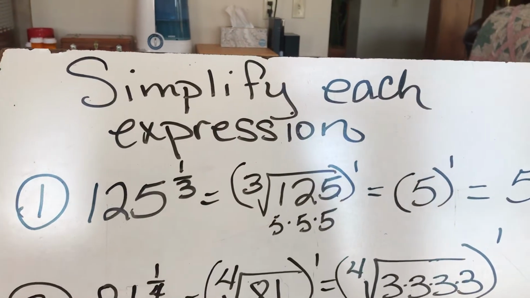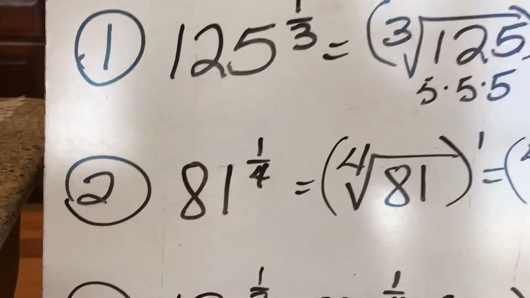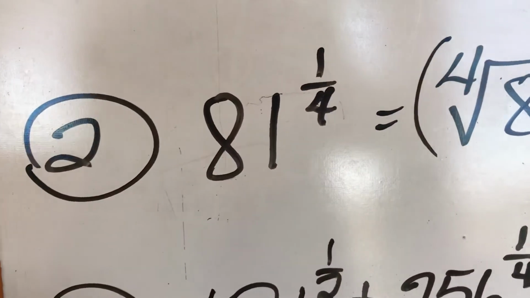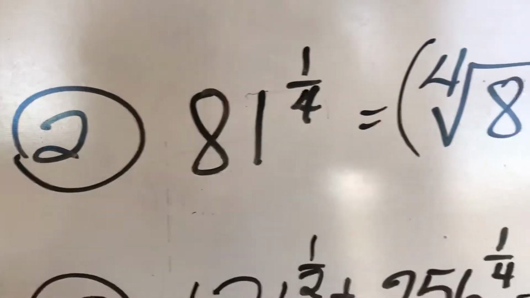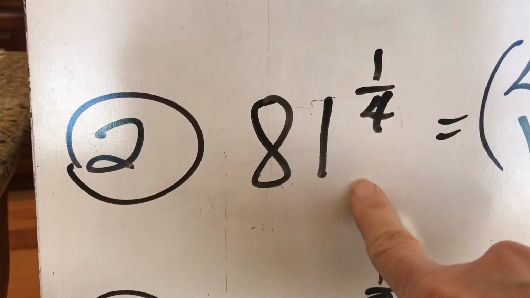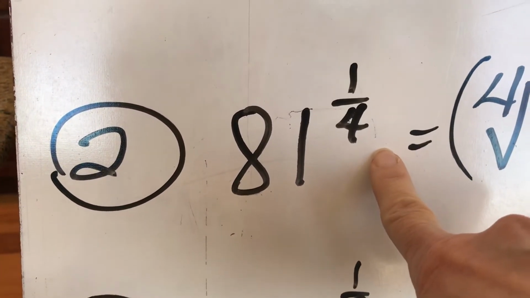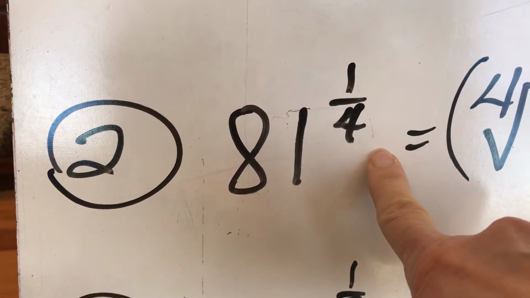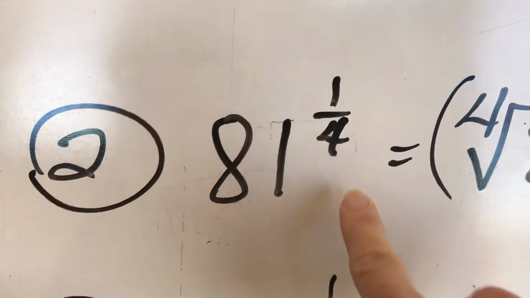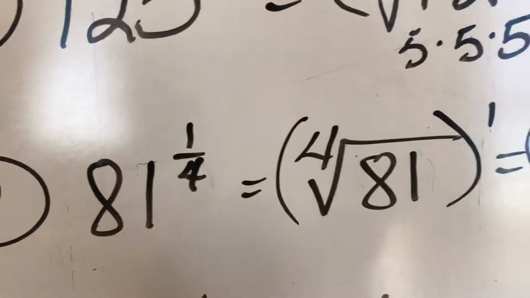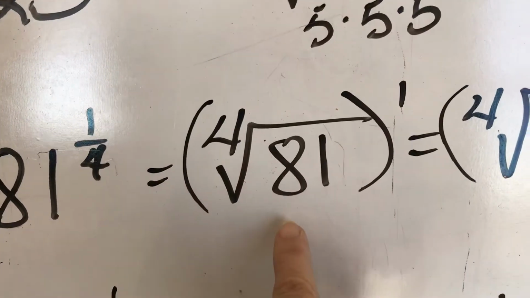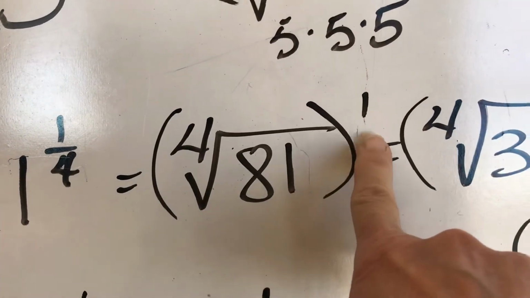My next example is 81 to the 1/4 power. Okay, so I've got 81. The 4 in the denominator tells me I've got to find the fourth root of 81, and then I've got to raise it again to the first power.